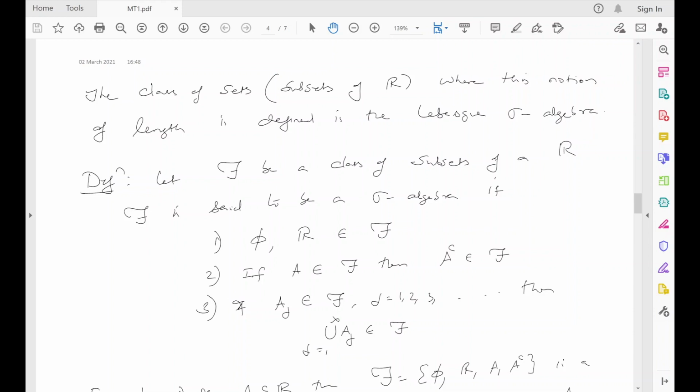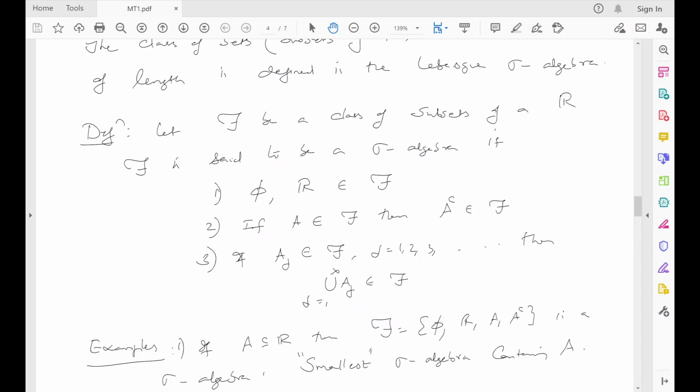That means the collection of sets you are looking at is closed under taking complements. And the third one, if Aj, for j equal to 1, 2, 3 and so on, are countably many sets in F, then their union should also be there.